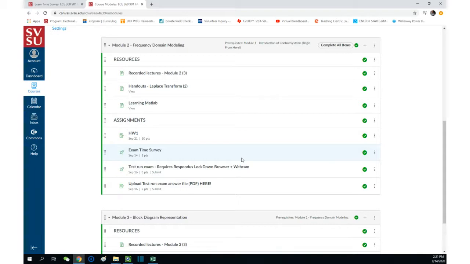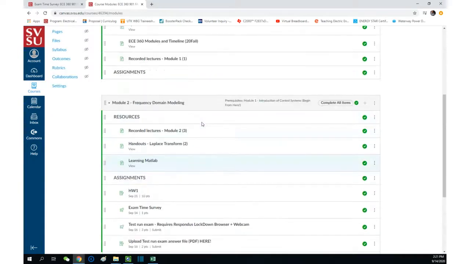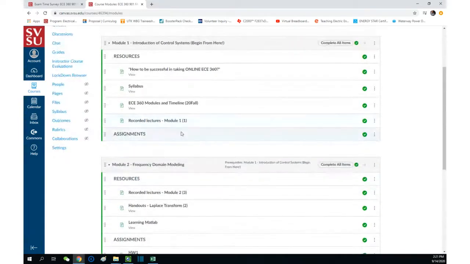What I'm saying is, look at here. Let's take module 1 and module 2 as examples. Look at module 1. You see this document, beneath it there's a view, right? Beneath the syllabus you have view again. Beneath this you have another view. Beneath this you have nothing, and no assignments either. View means what?